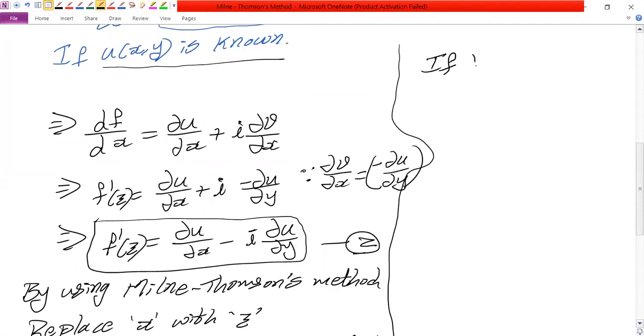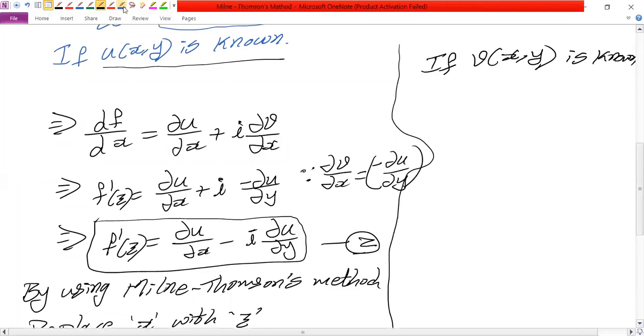If v of x comma y is known, that means the imaginary part is known. If the imaginary part is known, then what is the actual formula? f of z equals to u plus iv.